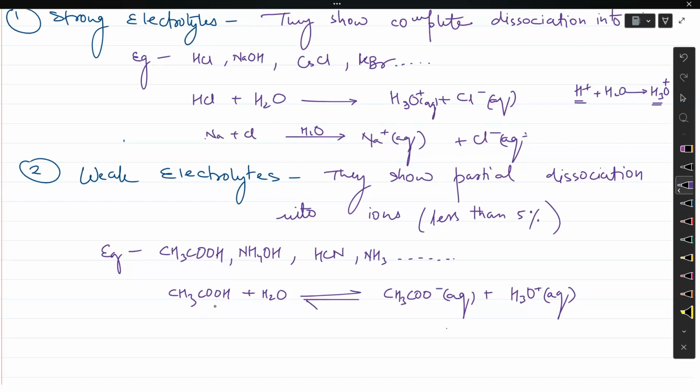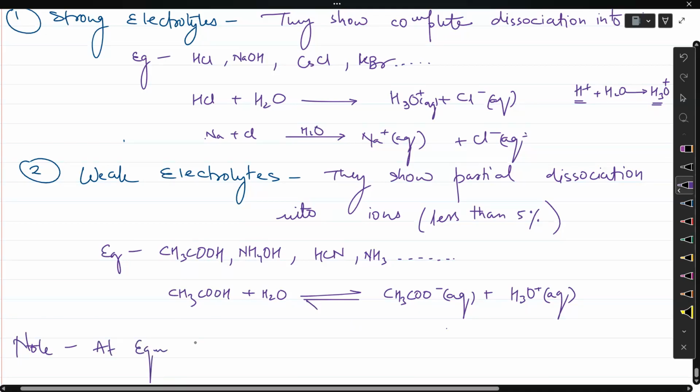In which CH3COOH, this acid, is not completely dissociating into CH3COO minus anion, है ना? So we will go into ionic equilibrium. We will go into detail with these weak electrolyte cases. Okay, so you can add this note that at equilibrium, बात समझ में आ रही है?